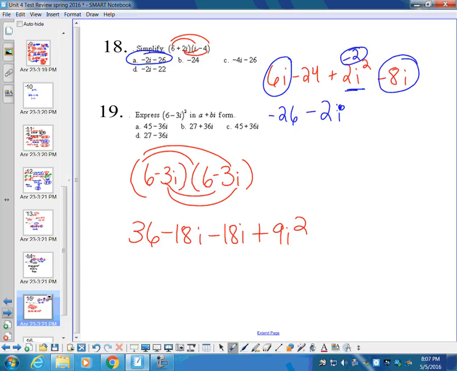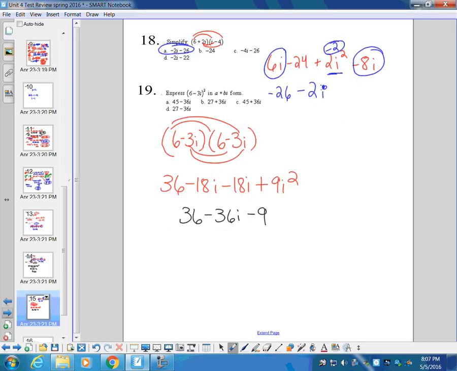So you get 36 minus 36i minus 9. Combine your like terms, you get 27 minus 36i, which is D. So 18 was A, 19 was D.